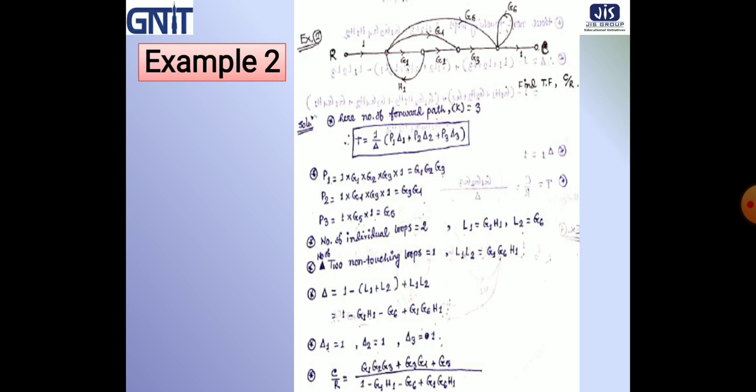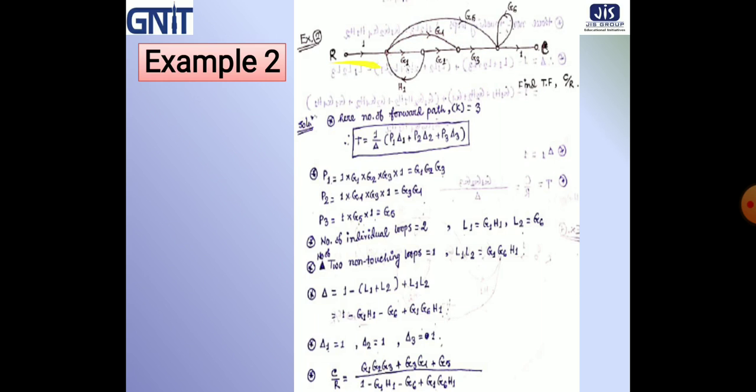Now if we calculate delta 2, we have to find whether any loop is present which is not connected with path 2. This is our path 2, and these two loops are connected with path 2. So delta 2 will again be 1.